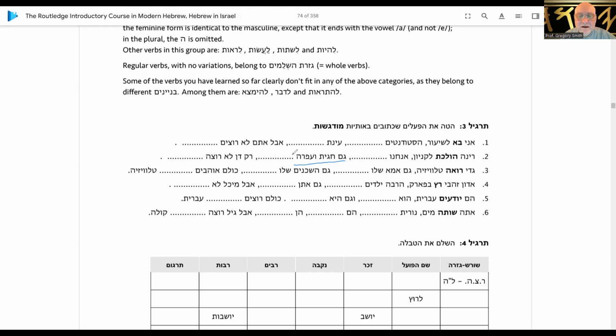Okay, so I think because this is feminine and this is feminine, we've got to come up with the feminine plural. So that's probably going to be ba'ot. No, we need holchot.